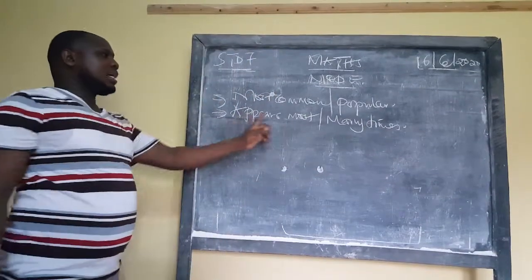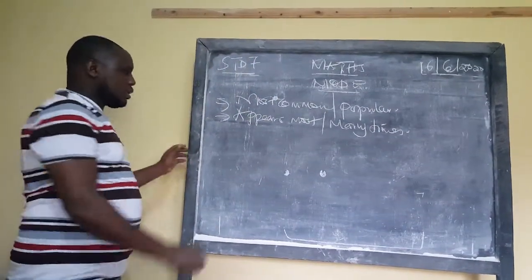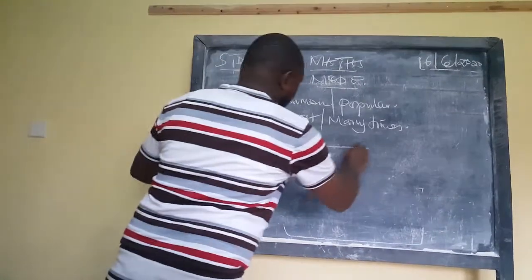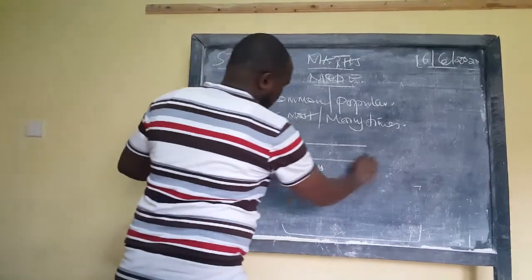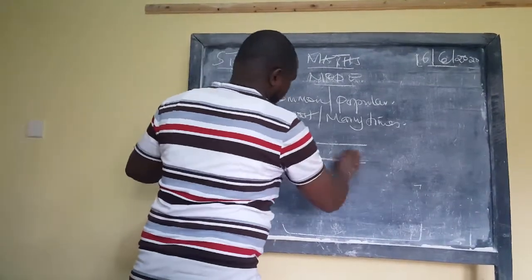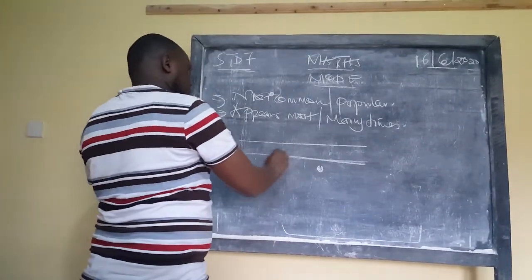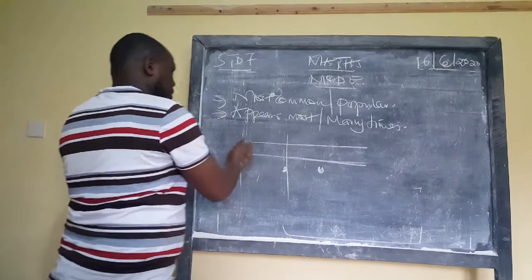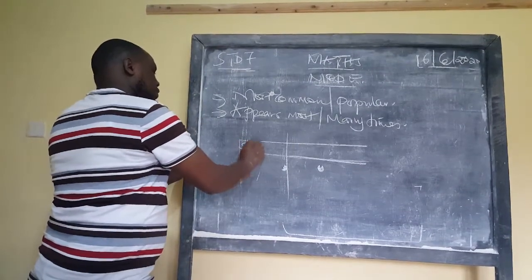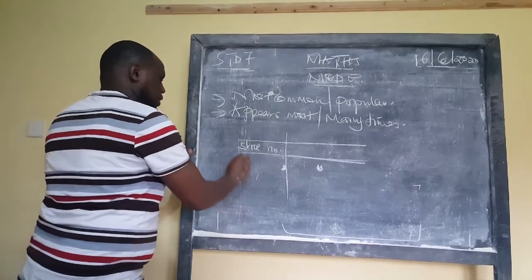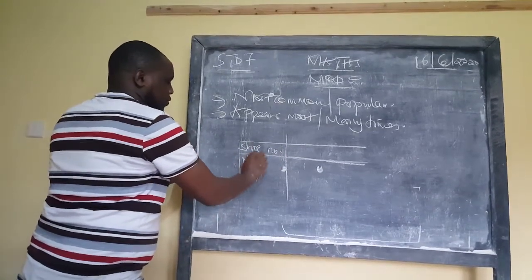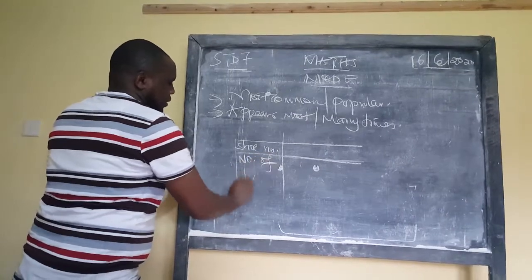For us to be able to understand this, learner, I give you a question that exactly comes in an exam, where a table is drawn like that. You are told this is the shoe number, then number of pupils.